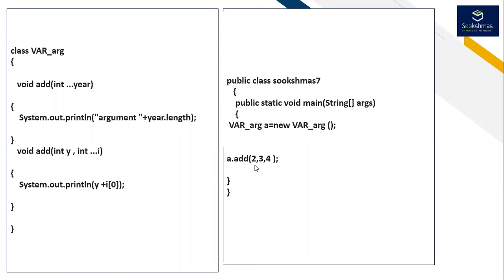With the help of the reference, I'm calling add, passing 2, 3, 4. Which method will be invoked? Whether the first one will be invoked or the second one will be invoked.